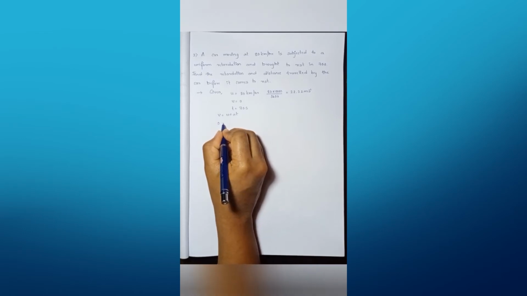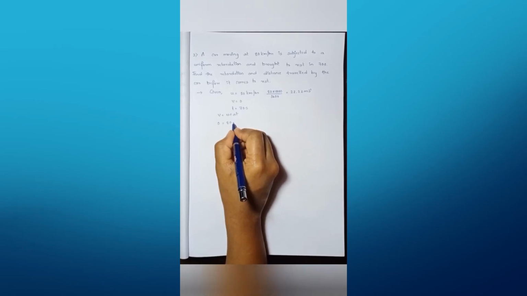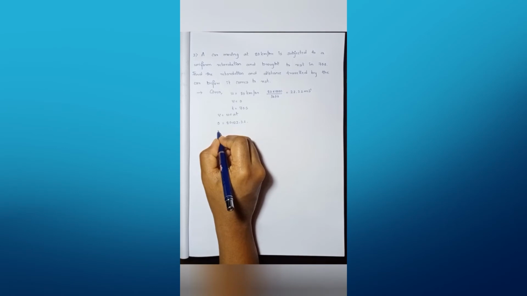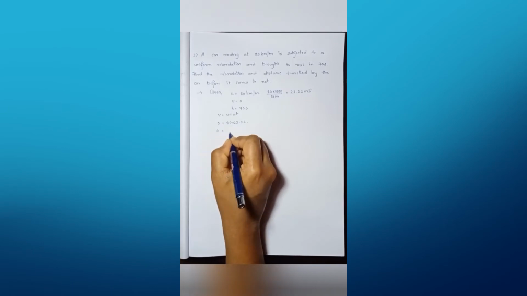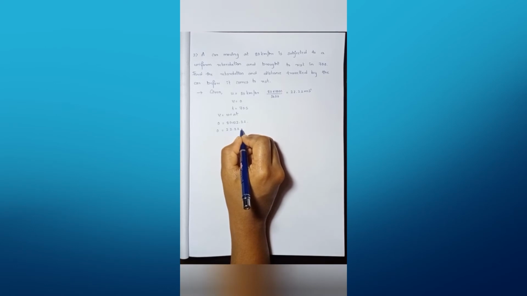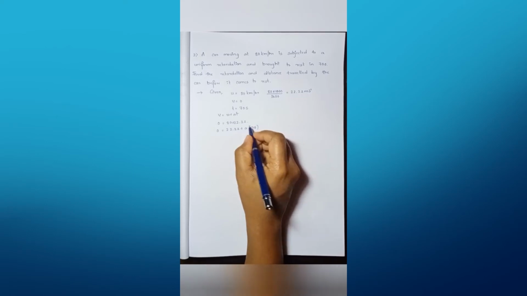That is 0. u is 80 kilometer per hour, but we have taken it as 22.22. So we'll write it again: 0 is equal to 22.22 plus a into 70, that is t.